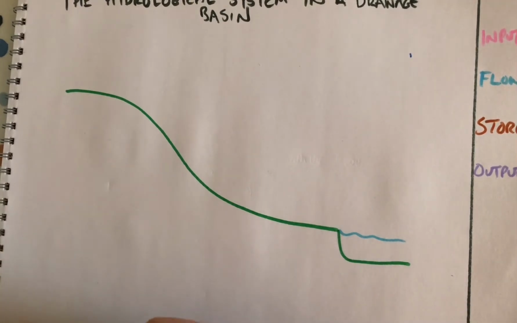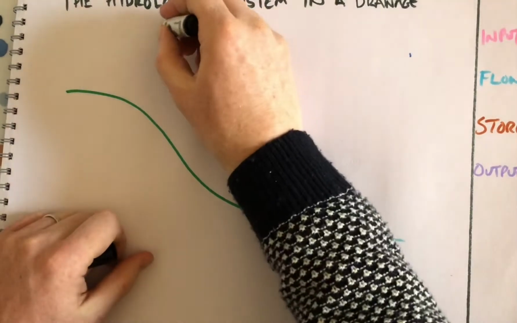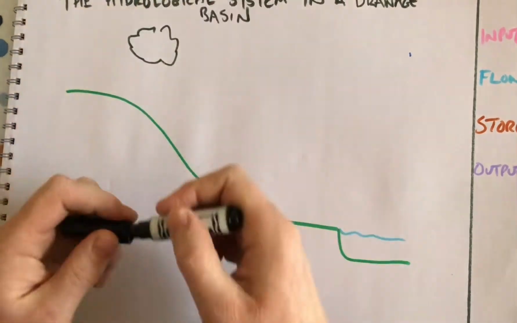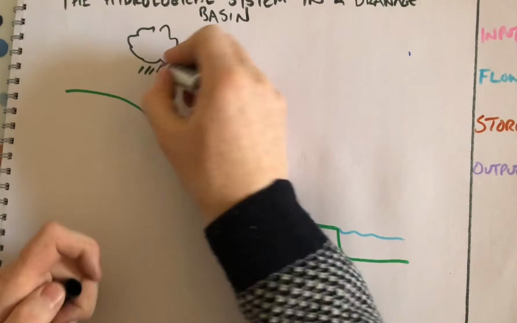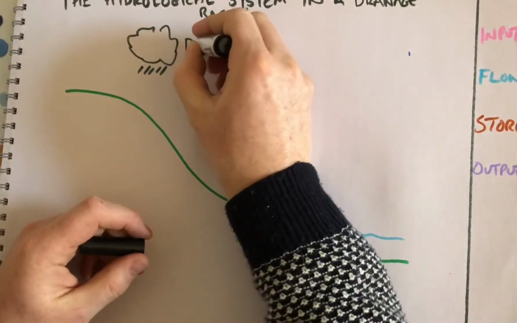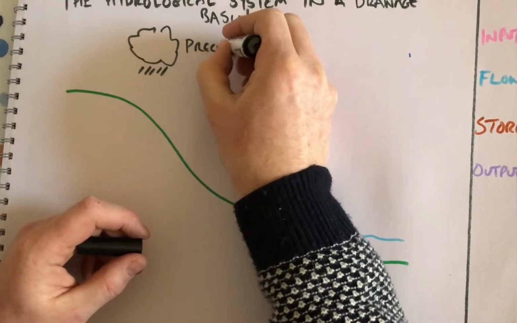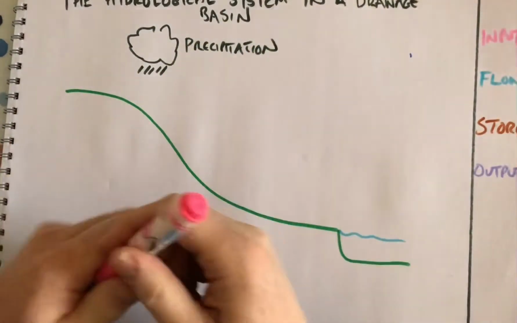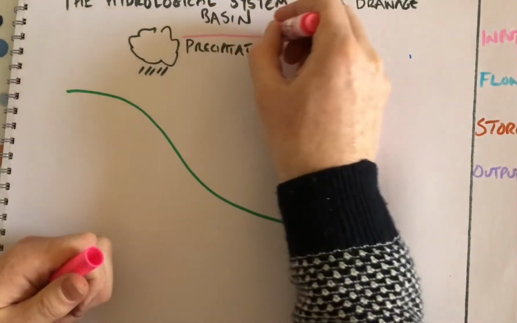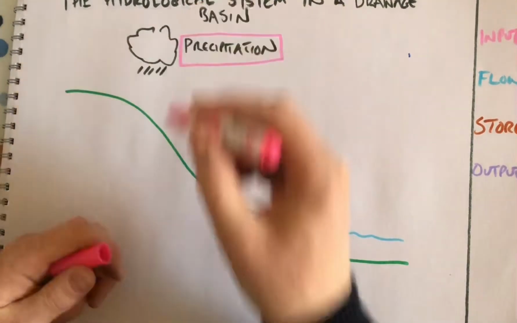So to begin with, we've got our main input. So our main input will be the rain. So we have precipitation as being our first and only input.